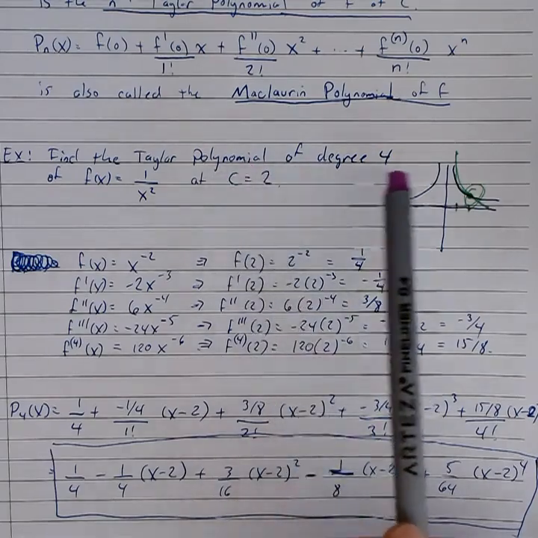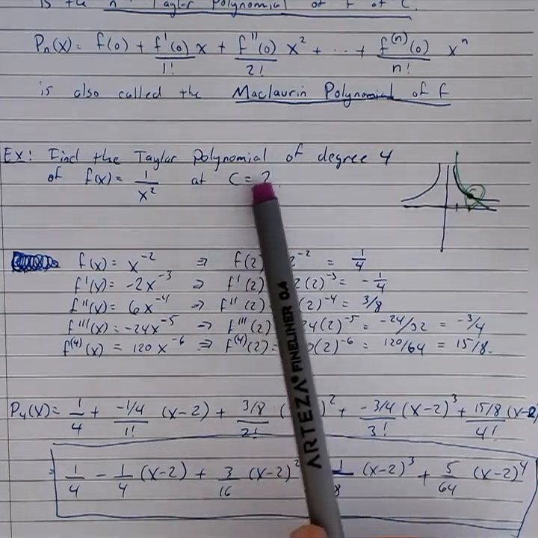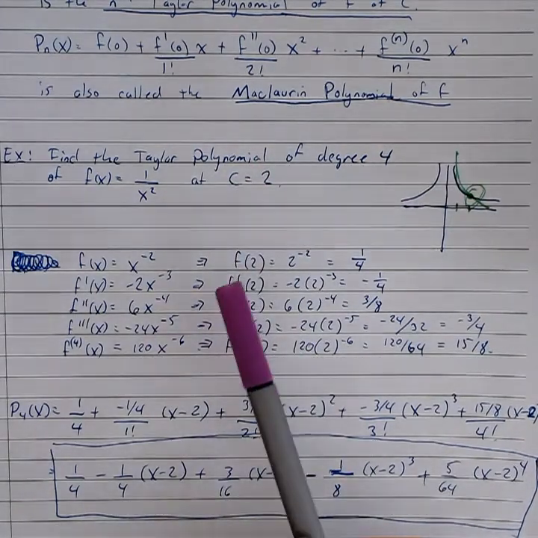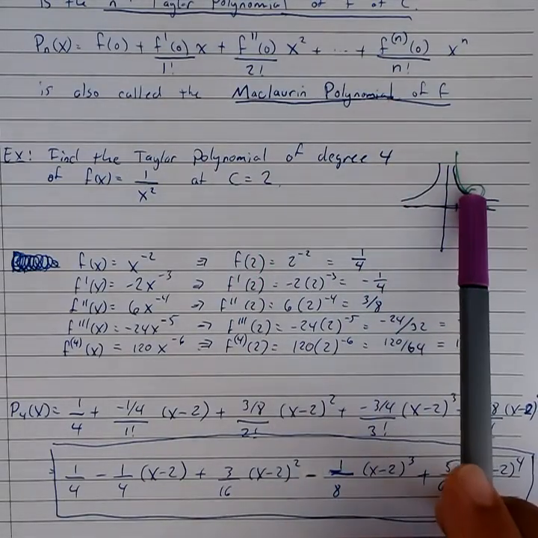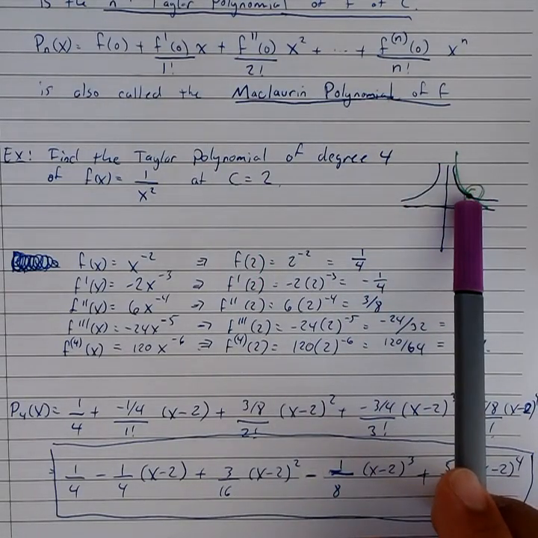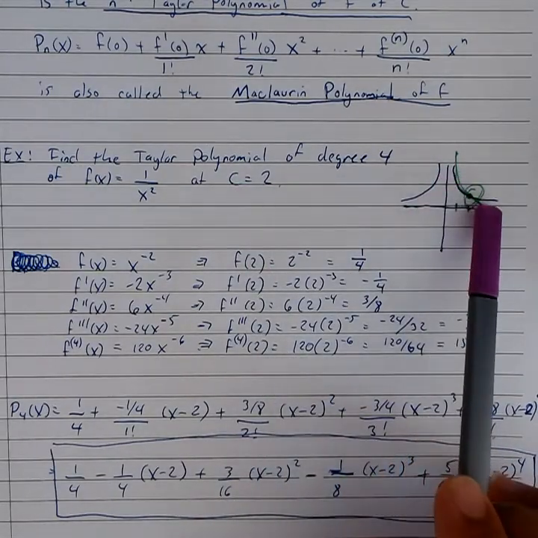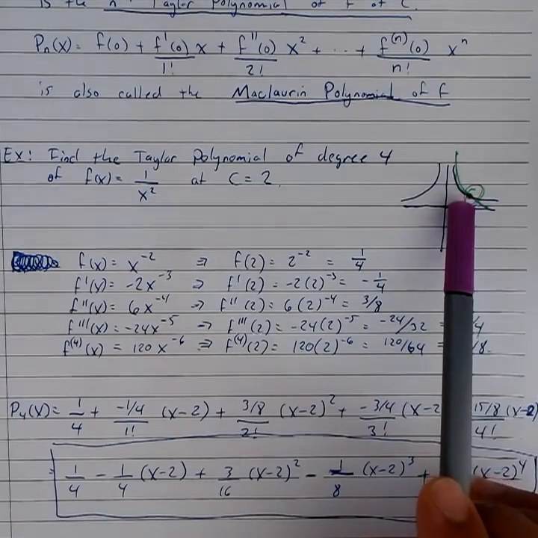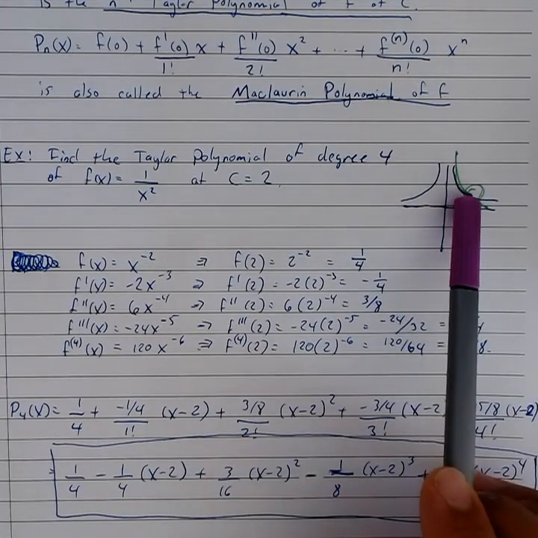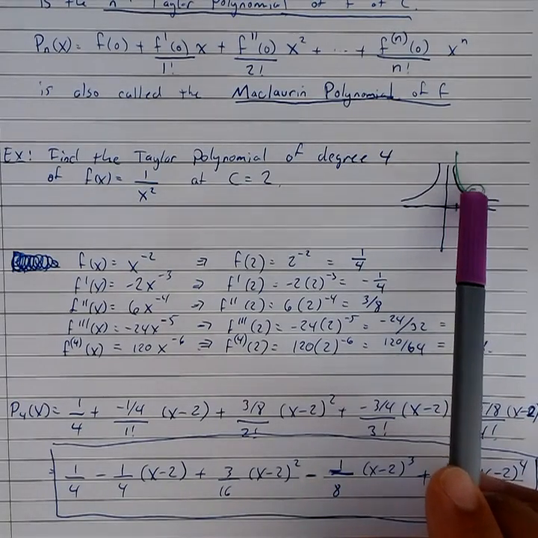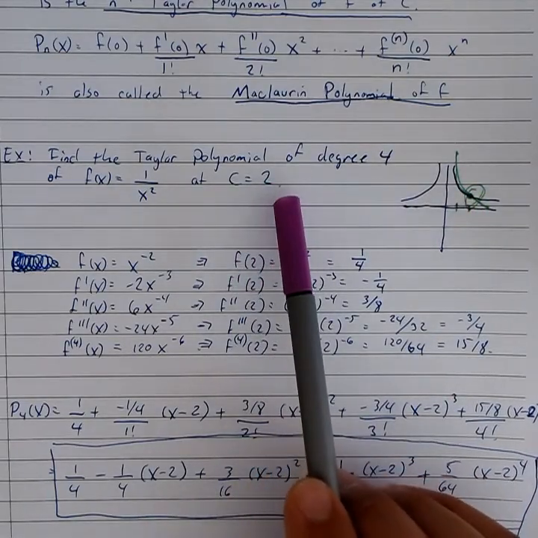Okay, well, that's fine because here we're not trying for 0. We're trying to find an approximation at 2. What that means is this is the point where our approximation is centered. That's what c stands for. c stands for center. And your approximation is going to be perfect at that point, and it's going to be okay near that point, but the center is where your function should be perfect.